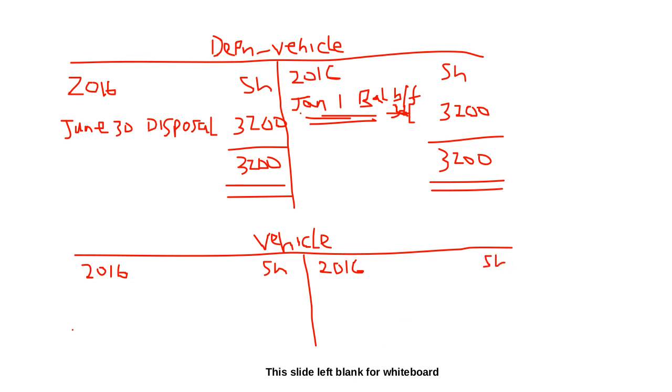First of all, we have the balance brought forward, that is for the vehicle, on January 1st. The amount there was 5,000, the value of the vehicle.